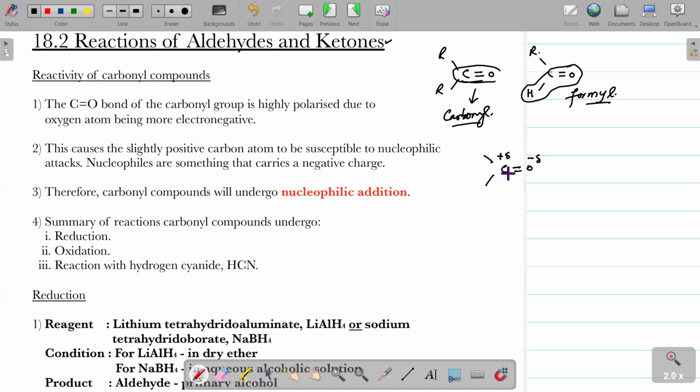So it means that this carbon of our carbonyl group can behave as an electrophilic center, right? Or we can say the nucleophile can attack on this partial positive carbon atom.